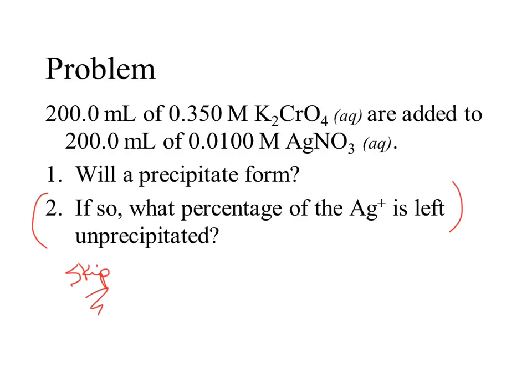So if you were to draw a picture, in this case it looks a little different. We have a beaker and we're going to dump two kind of large sums of liquids in there.